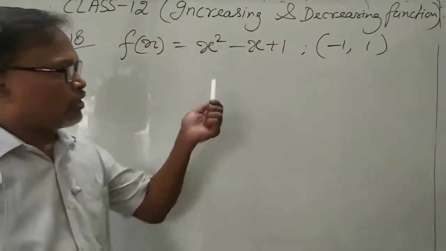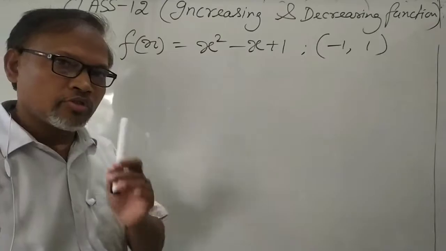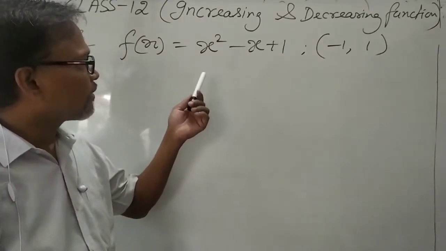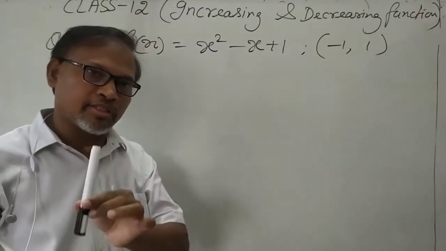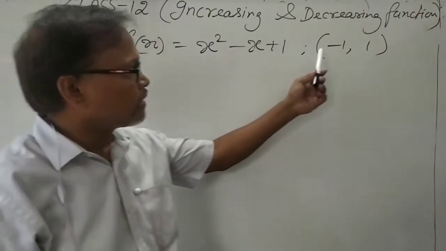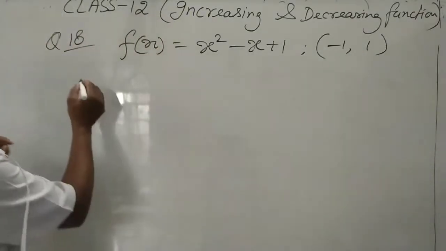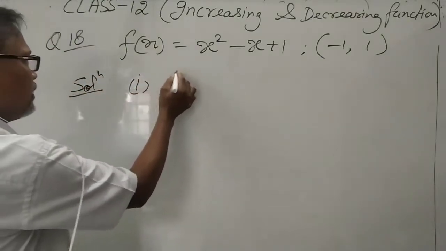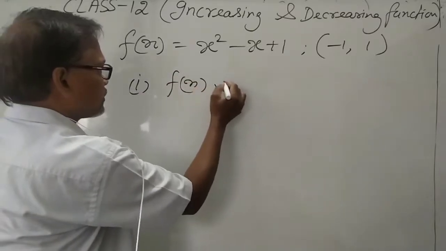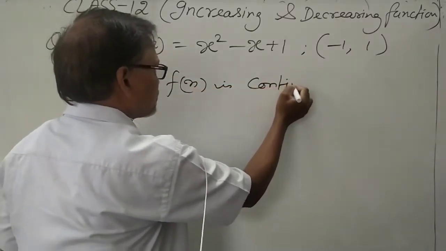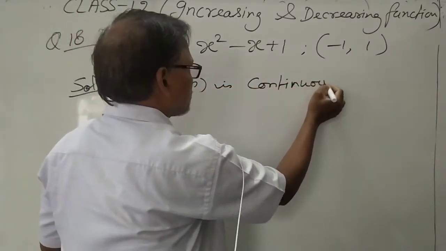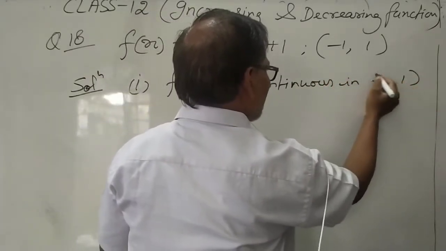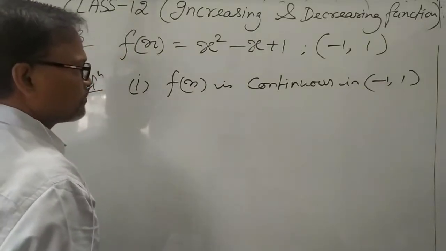Minus 1 to 1. First of all you check whether the function is continuous. Yes, because you will not get infinity in the given domain. So the first part, f(x) is continuous in minus 1 to 1 in the given interval.